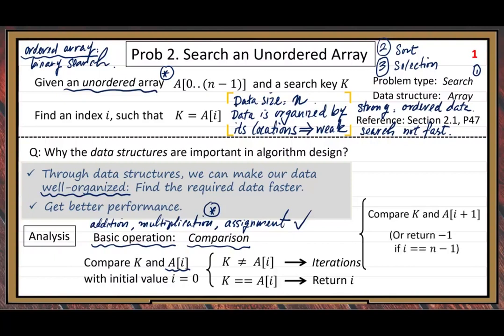At the end, after you compare K with the last element, where I equals n minus 1, if you cannot find a match, K equals A of I, then the search process fails. In that situation, your function returns the value -1.